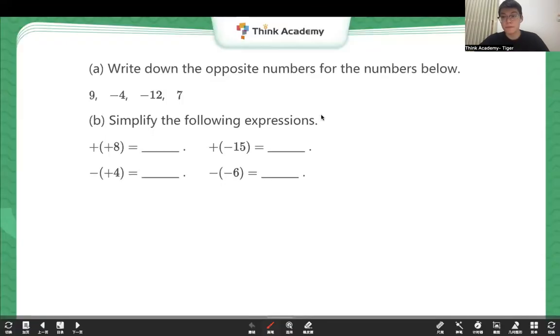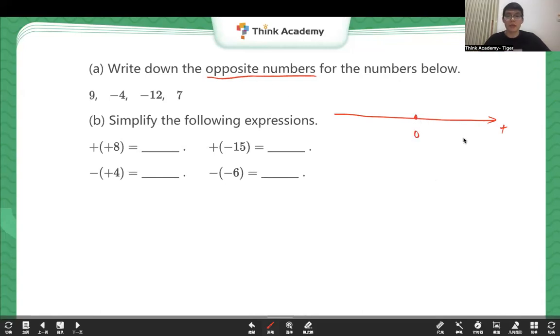So first of all, before we move on to any negative number calculations, there is one definition that we need to stress, which is the opposite numbers. So what does opposite numbers mean? Basically, if I have a number line, with the positive direction, and say that is 0.